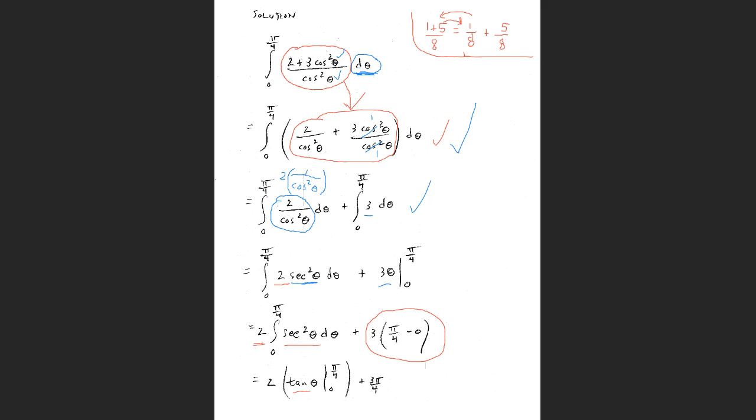All right, may I go to the next page? Are we good up to here? Okay. Well, the tangent of theta we need to evaluate at pi over 4 and 0.